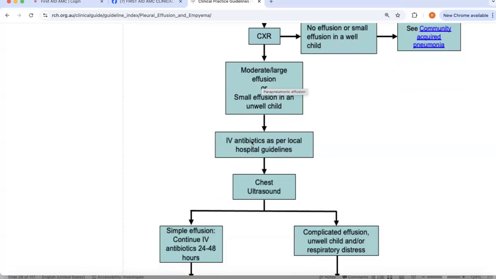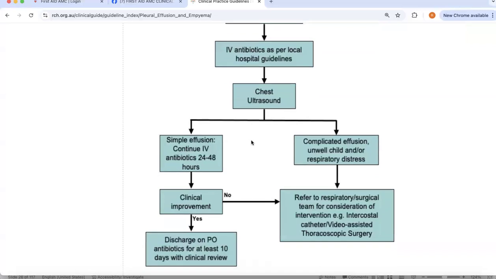So previously you were using oral antibiotic, but the child deteriorated, and on a chest X-ray you found there is effusion. So you change it to IV antibiotic. Before you change it to IV antibiotic, take the blood for culture to know what organism is causing it. Once you have done with the antibiotic, do a chest ultrasound.